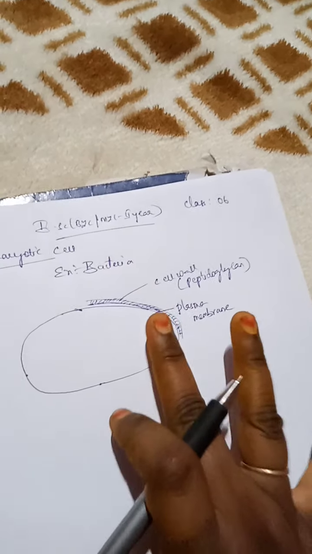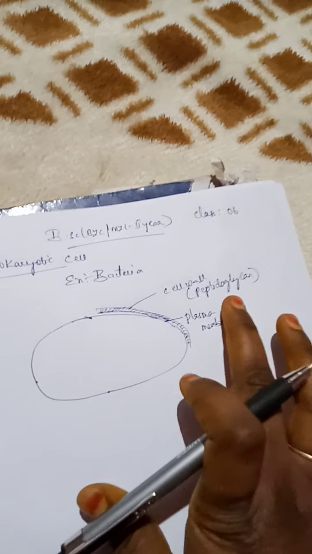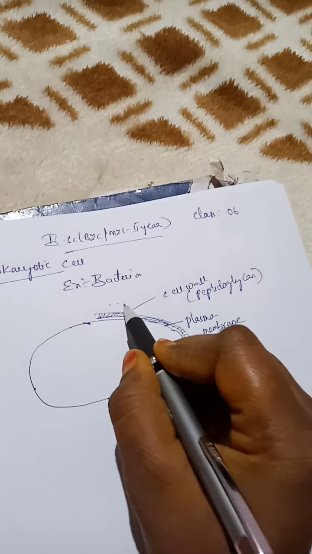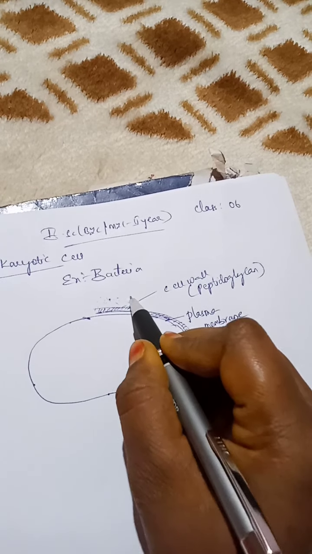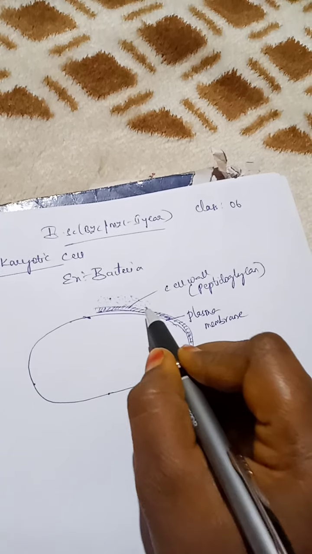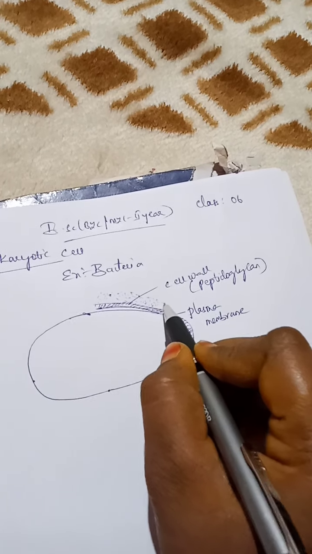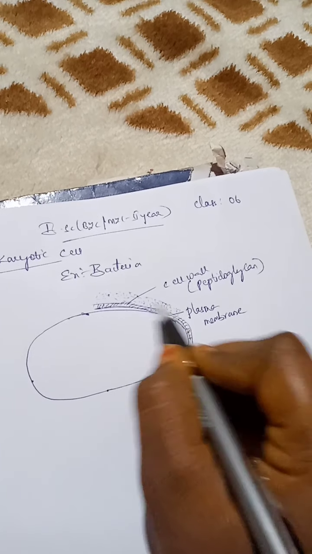Remember that some bacteria will also have another extra layer outside the cell wall, which is a gelatinous, jelly-type substance present as a layer upon the cell wall.